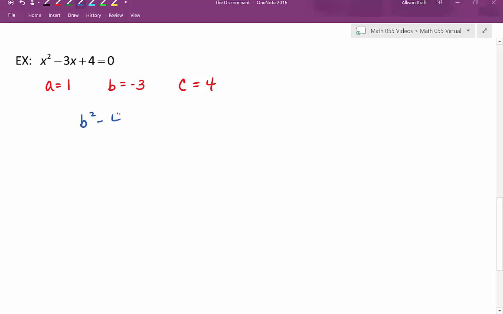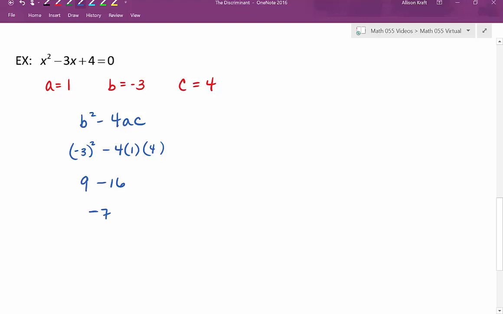B squared minus 4AC, it's going to be negative 3 squared minus 4 times 1 times 4. Negative 3 squared will be 9. Negative 4 times 1 times 4 is minus 16. I get negative 7.